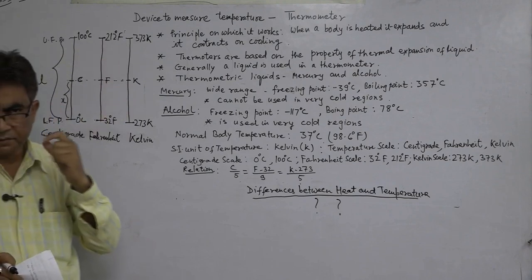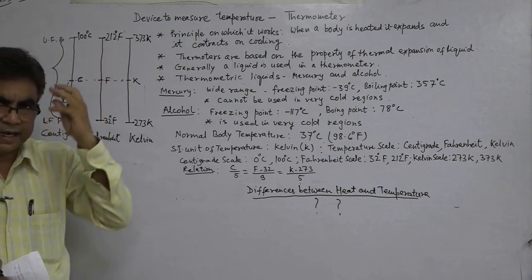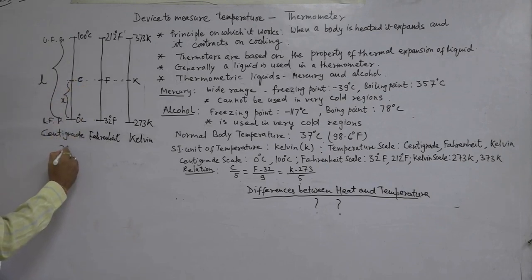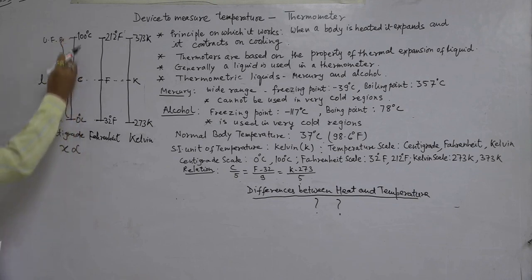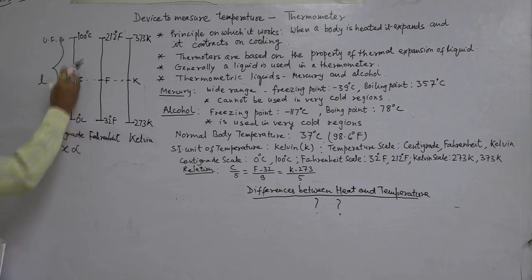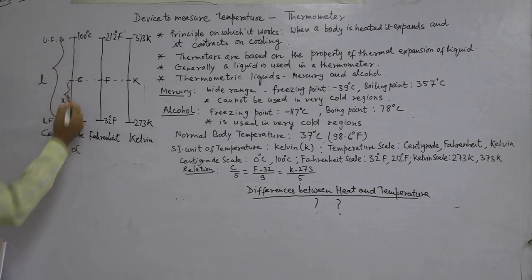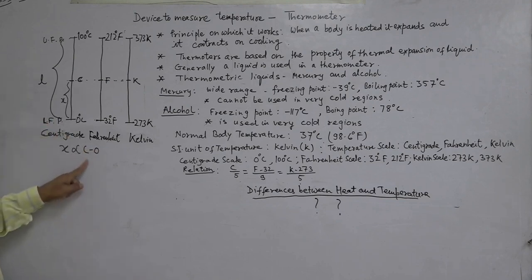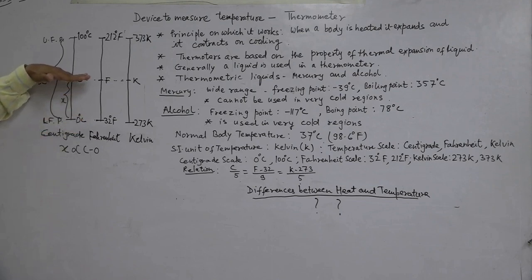Now you try to understand. If you look at the centigrade scale, X will always be directly proportional to C minus 0, because the lower reading is 0 and the upper reading is C. Why have I written proportion?